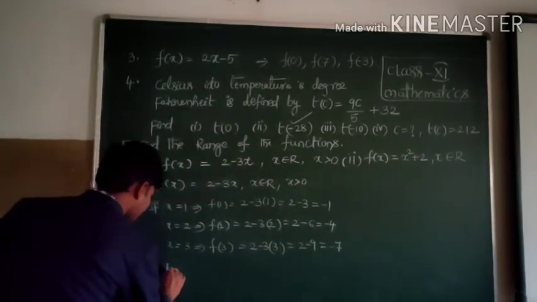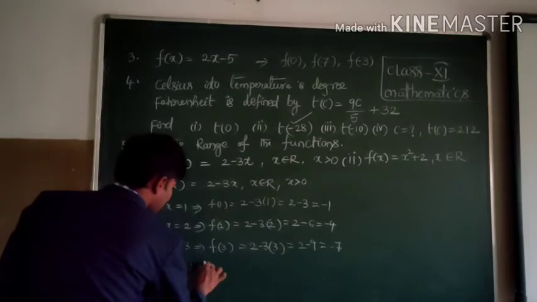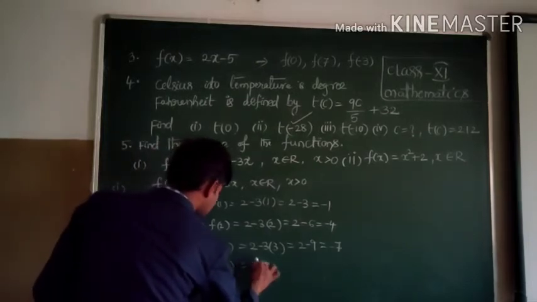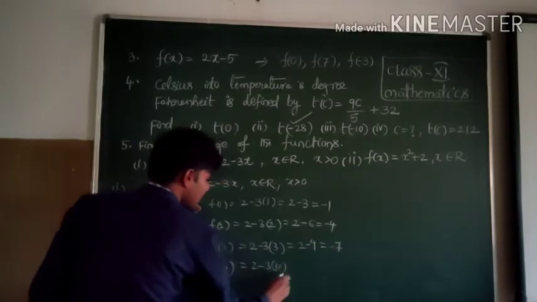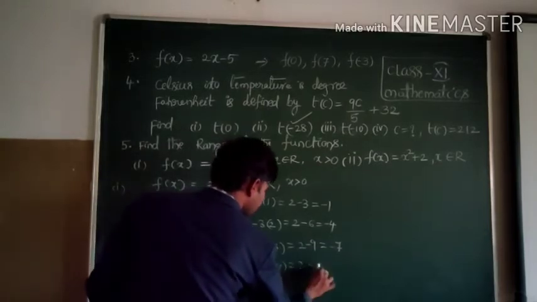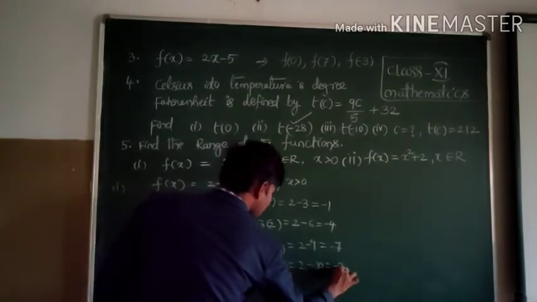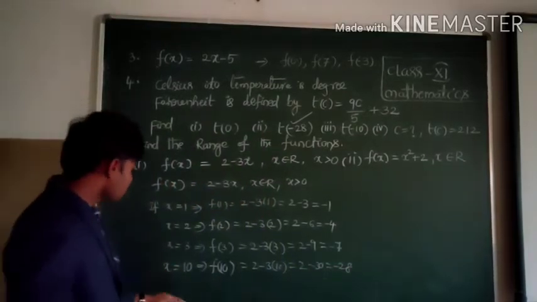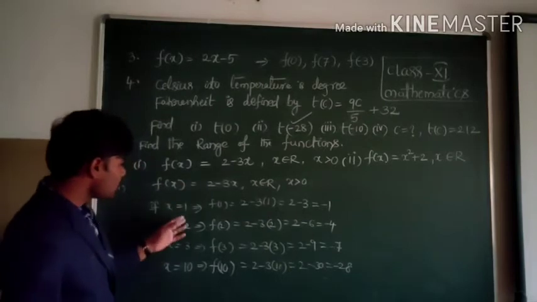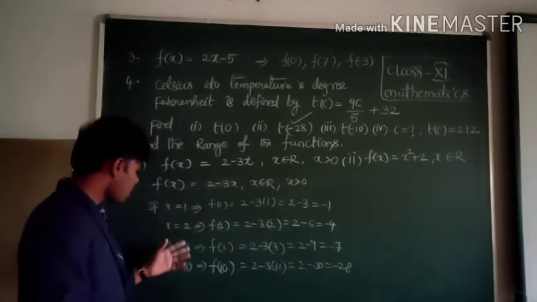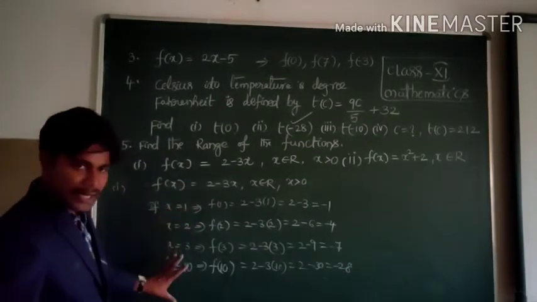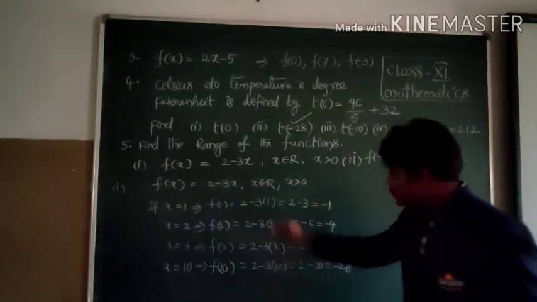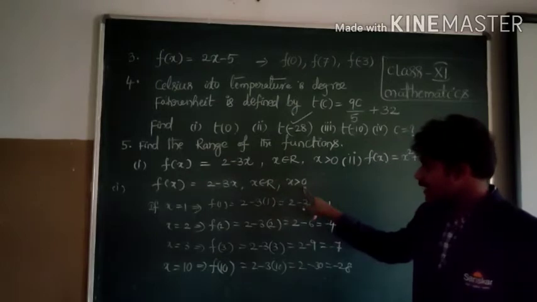Suppose I take x equal to 10. f of 10 is 2 minus 3 into 10, which is 2 minus 30, that is minus 28. Here also I got a negative value. We can take not only natural numbers but any other numbers, because x belongs to the reals and x is greater than 0.